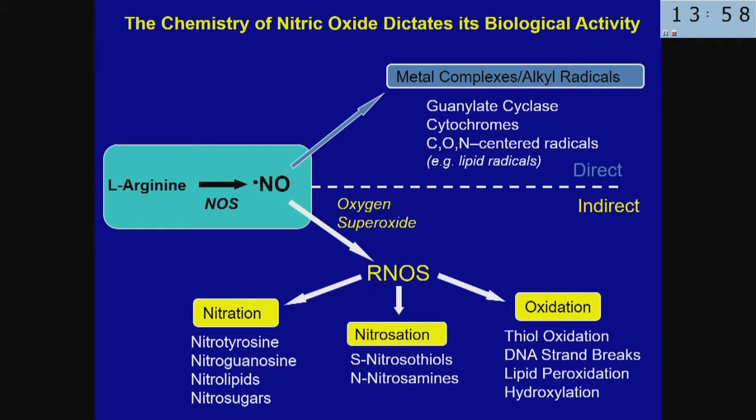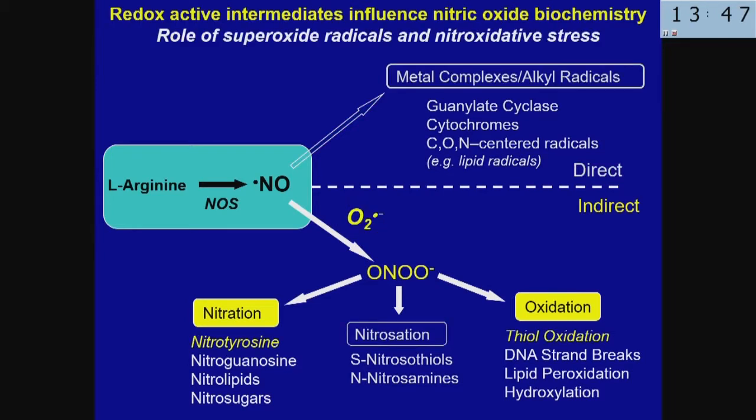But upon a shift in the redox status of the cell, including enhanced oxidation processes, NO shifts the chemistry into the lower part, and much of that is due to the reaction of nitric oxide with superoxide. This is a radical-radical combination reaction, which is diffusion controlled, meaning it goes as fast as a reaction can go. It outcompetes the superoxide dismutases for the elimination of superoxide.